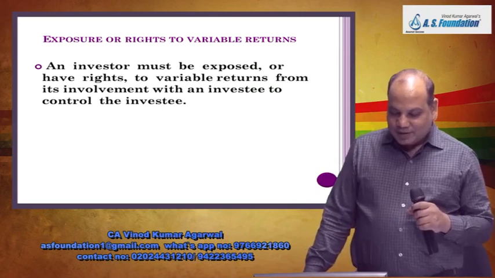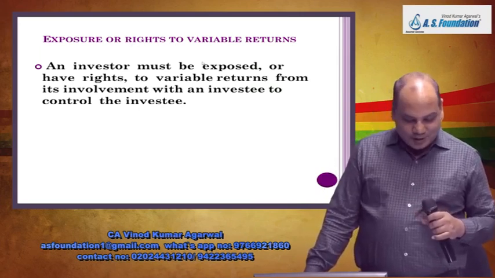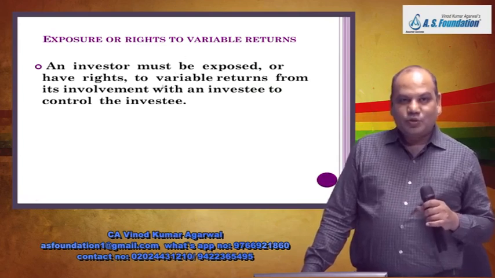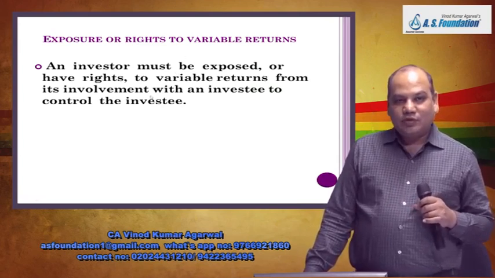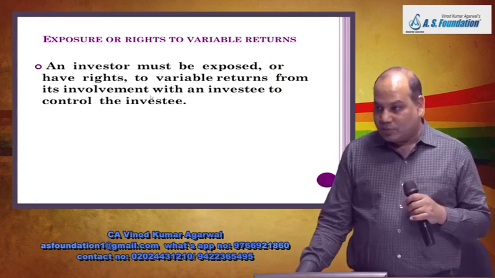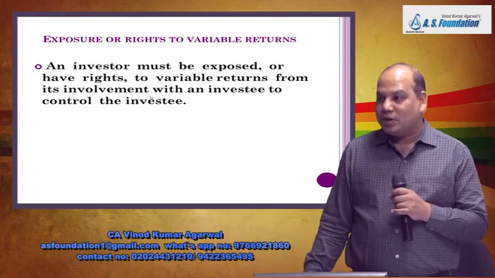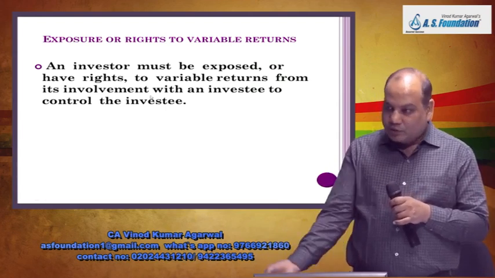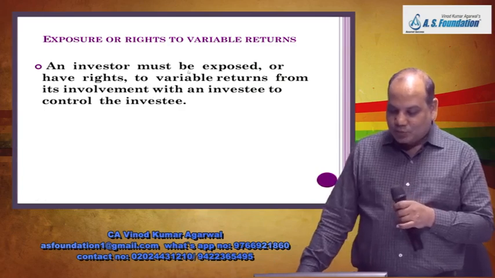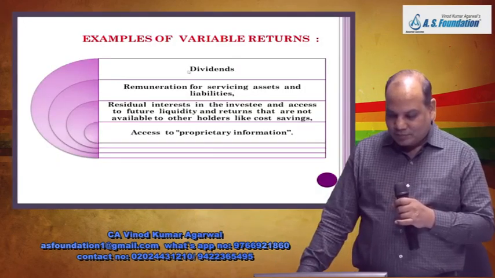Okay. Now next is exposure or rights to variable returns. The entity must be exposed to risk. That is, your return can be variable. You may earn a huge amount of money because of your association with that other entity, or you can even lose your capital, lose your investment. So that is called exposure to variable returns.